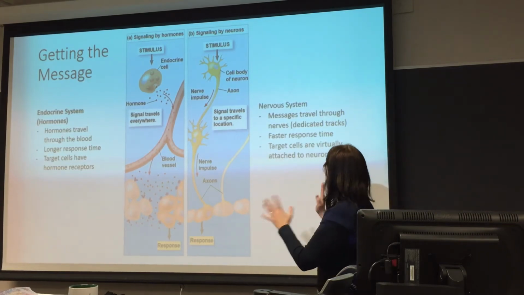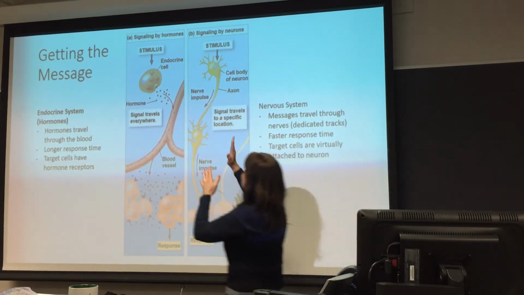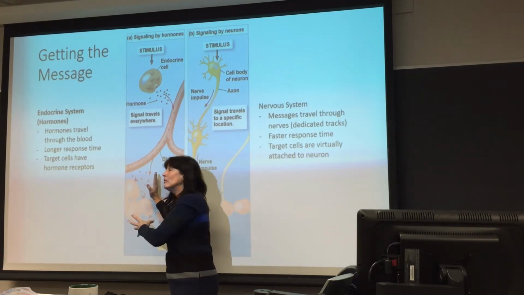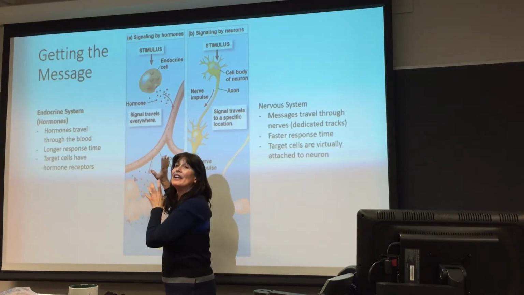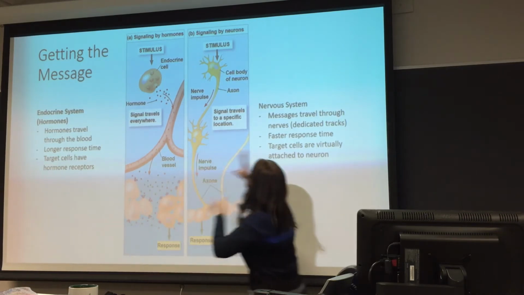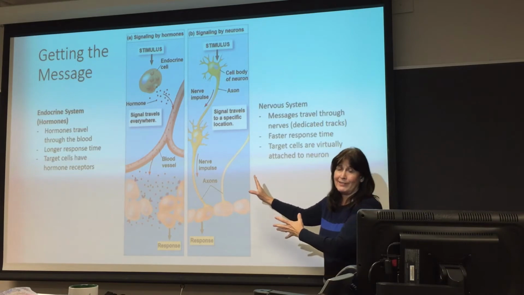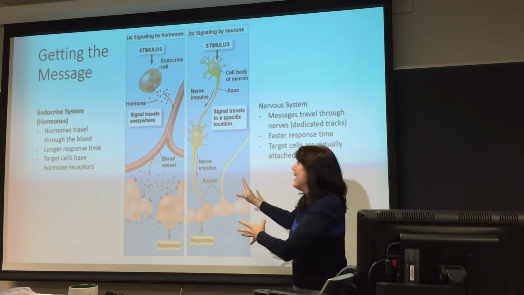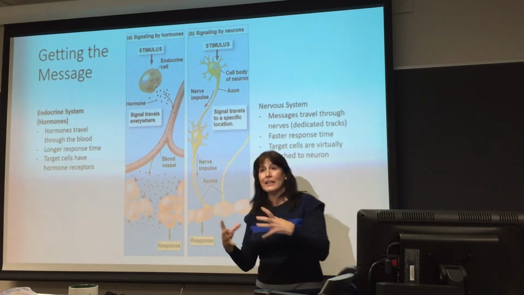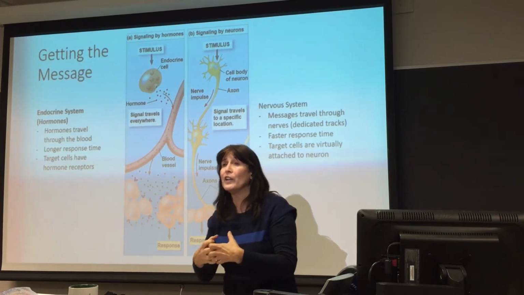So the differences between the two: the endocrine system has wider distribution, a little slower to react, and it reacts to cells that have the receptor sites. The neurological system has fast distribution, very fast, but it can only go to those particular cells that are pre-wired up.